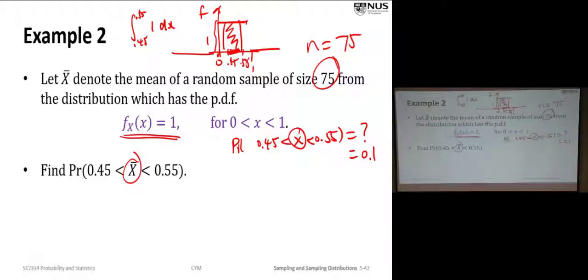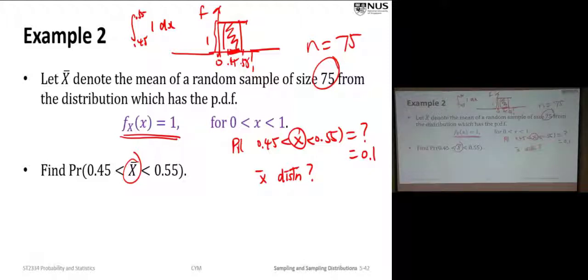X bar is taking a sample of size n, in this case 75, and taking the average of these 75 values. That is your x bar. Take another sample of size 75, calculate x bar, and so on. So they behave differently. Now the question we would like to ask is, what is the distribution of x bar?